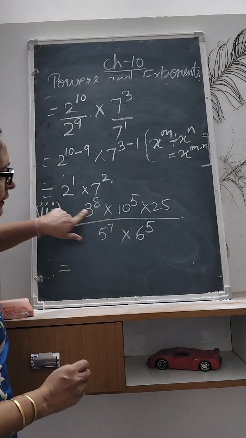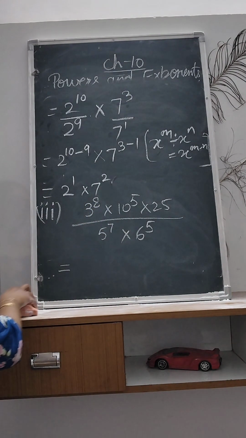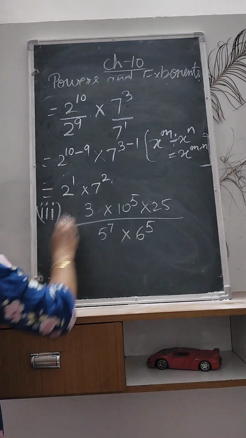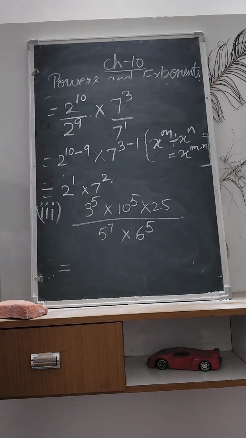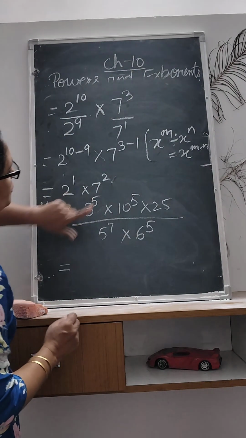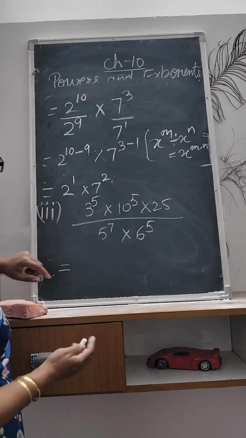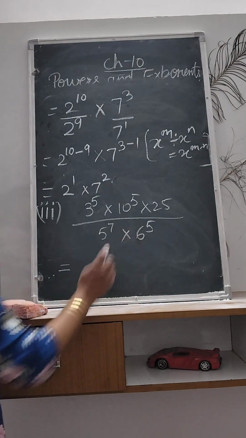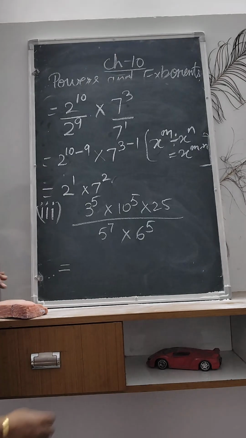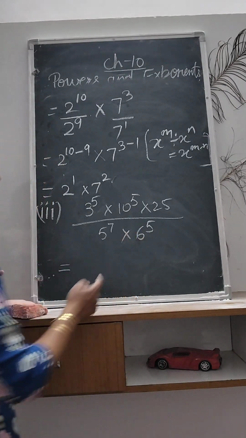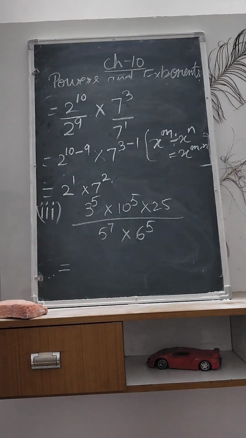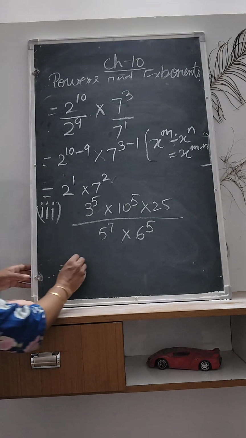Here it is 3 raised to power 5. Okay, now students, let us solve this sum. Now I have written 3 raised to power 5, and instead of this 6, can we write 2 into 3?